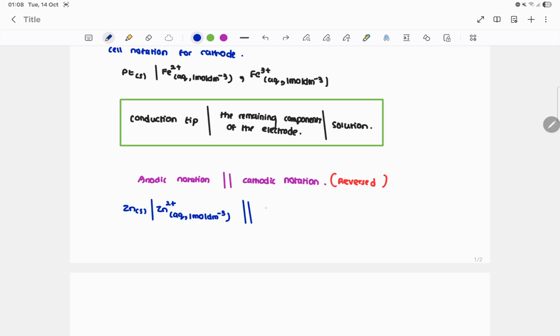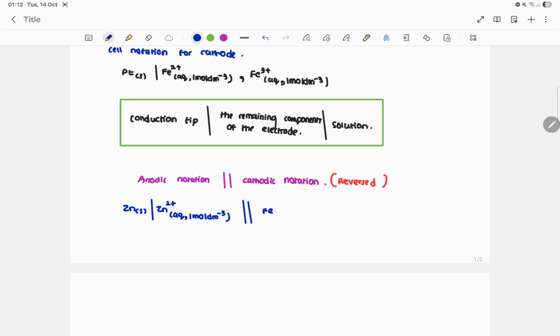The reverse of this one will be Fe3+, so Fe2+. Okay, students, cathodic notation reverse means the same thing over here must be flipped to the other side.